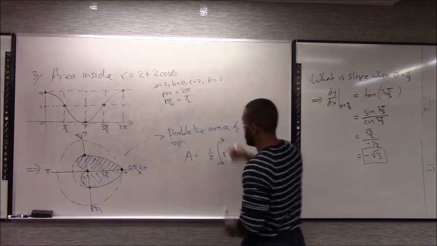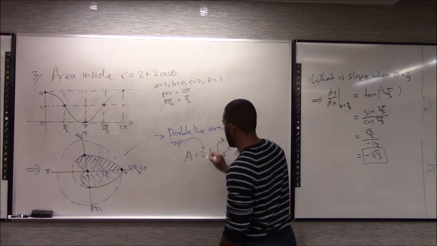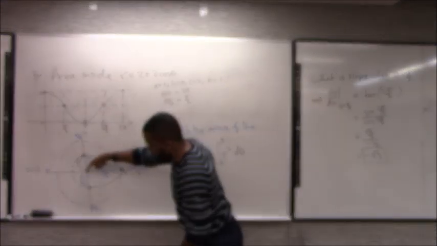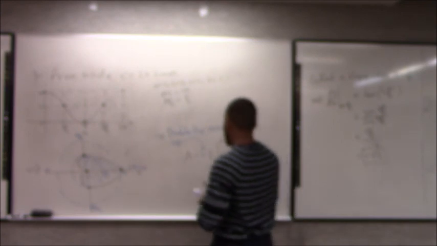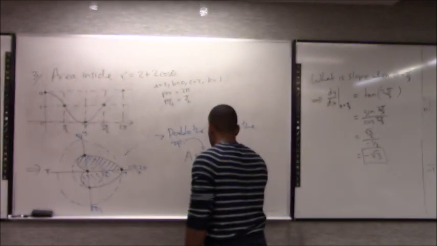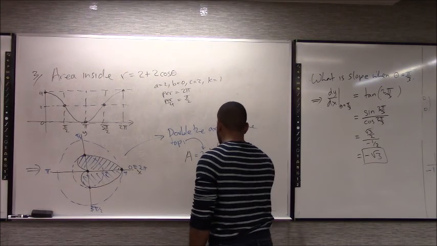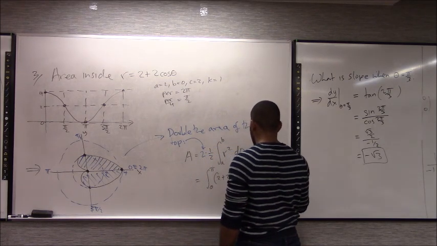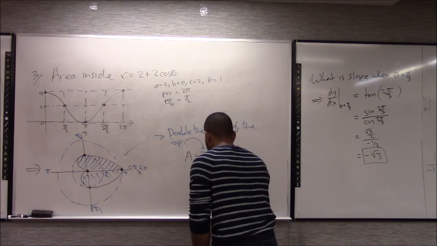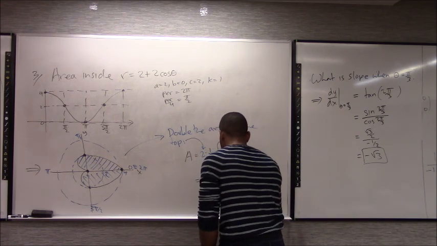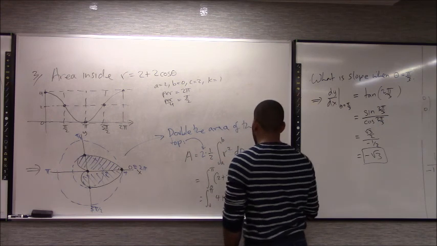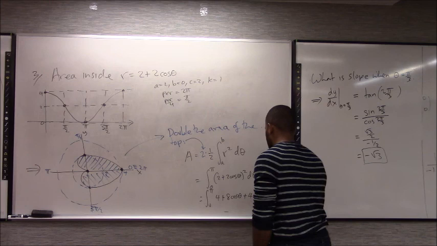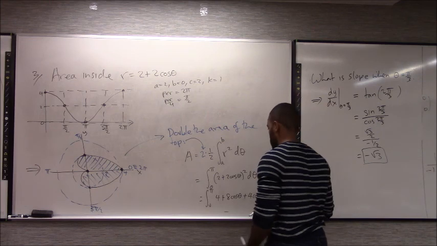And in this situation, I am going to double that and just integrate from 0 to pi, because it's going to give me the same answer from pi to 2 pi. So this is just going to be the integral from 0 to pi of 2 plus 2 cosine theta squared d theta. This is going to be 0 to pi of 4 plus 8 cosine theta plus 4 cosine squared theta d theta.